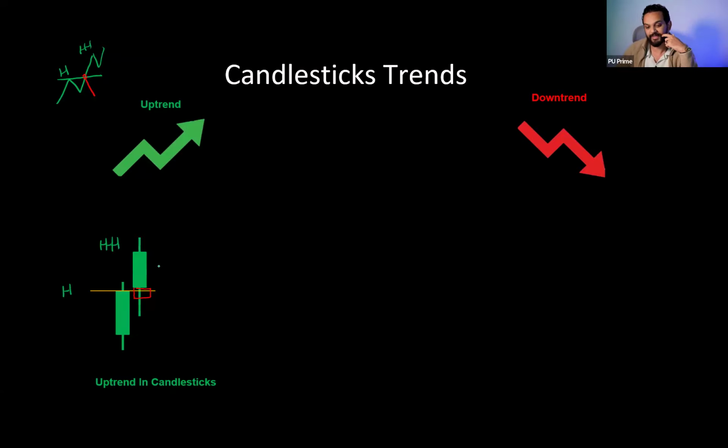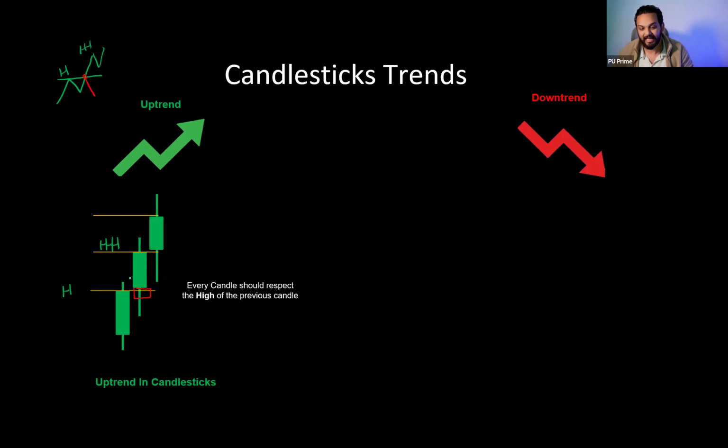Now I can see this line is the high of the next candle. So the third candle should respect the high of this candle, and it shouldn't break below this level. It should be higher than this level, and so on and so forth.